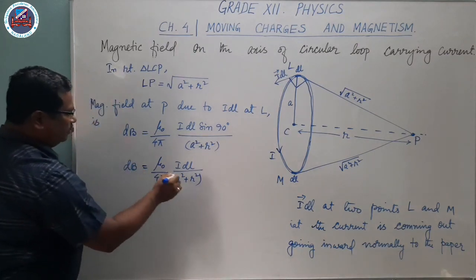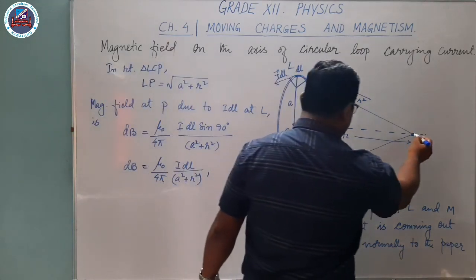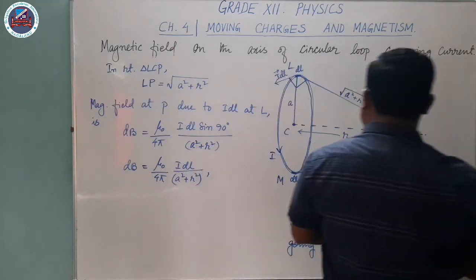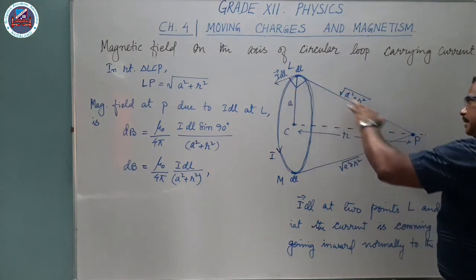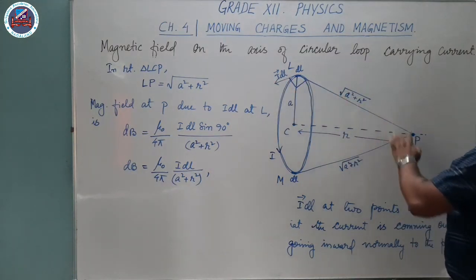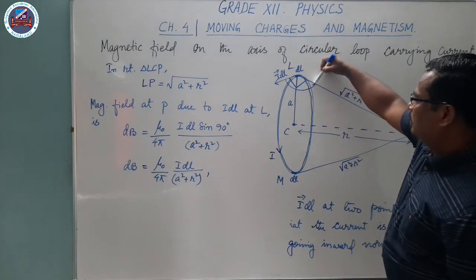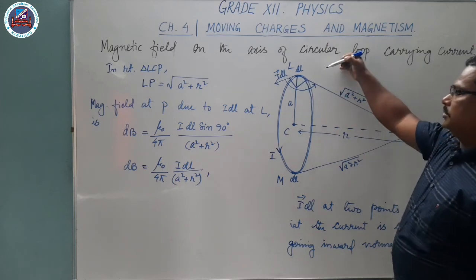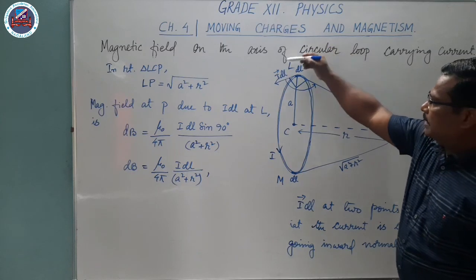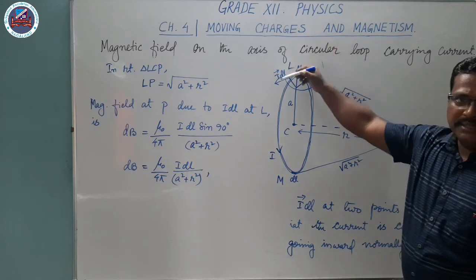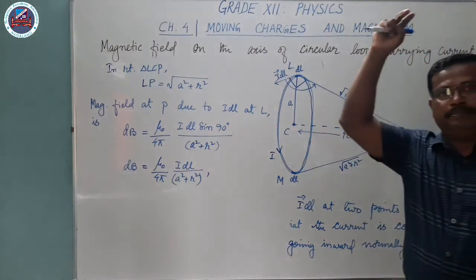Now, what is the direction of dB? You have to mention it. At this point, we found dB. As we said, Idl and this r we take as the distance. Your formula says Idl cross r. Is it clockwise or anti-clockwise? You have to check it. This is showing anti-clockwise, like this. If you turn the bottle cap anti-clockwise, the cap comes up.